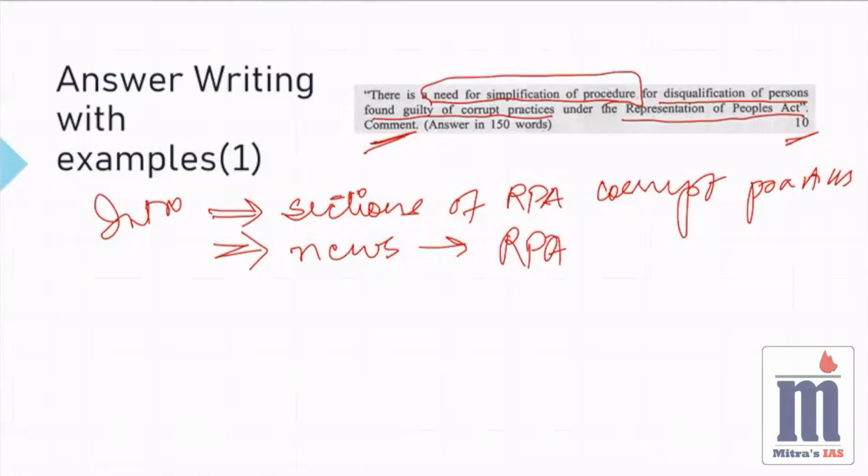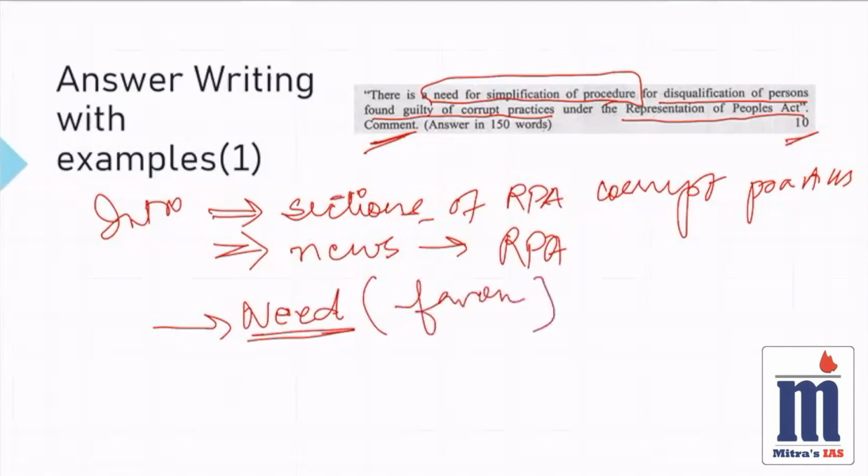The procedure we have talked about, sections, for disqualification of persons found guilty of corrupt practices. So you will talk about need. What is the need? Why is it required? So you will talk about why simplification is required, basically in favor of simplification. So your heading will be need, because need is what is asked in the question.